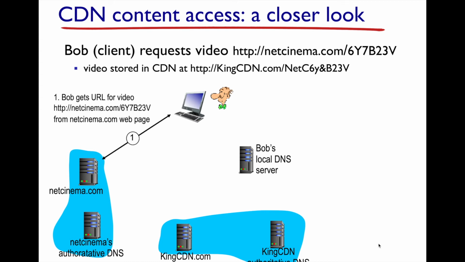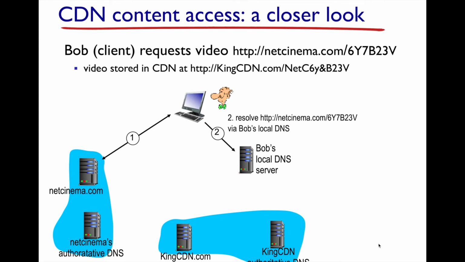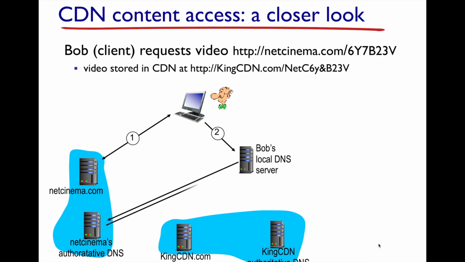So Bob gets a URL for the video from netcinema.com, and now Bob takes this URL and tries to resolve it, getting an IP address for this movie. So you click on a movie and you have a URL for the movie. The first thing Bob does is try to resolve it by issuing a DNS request to his local DNS. So Bob's local DNS goes through the DNS hierarchy and ultimately contacts the authoritative DNS server for netcinema.com.